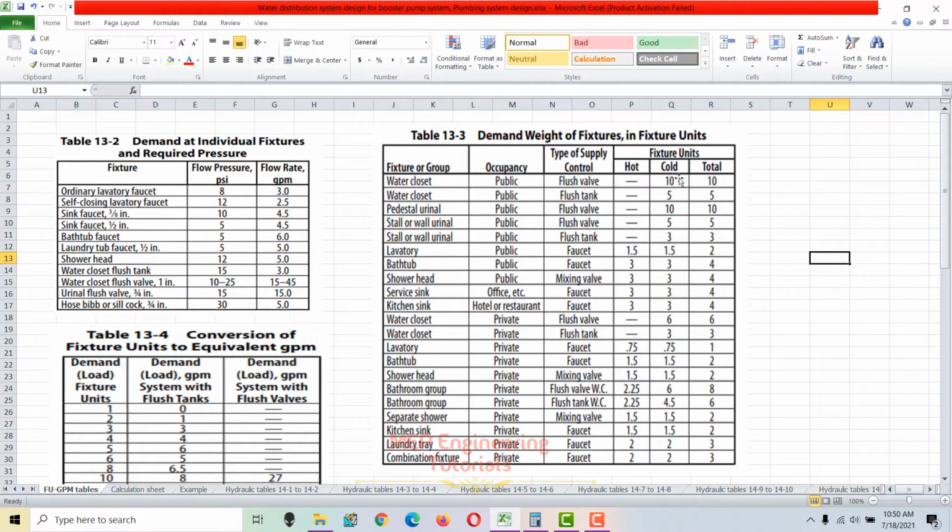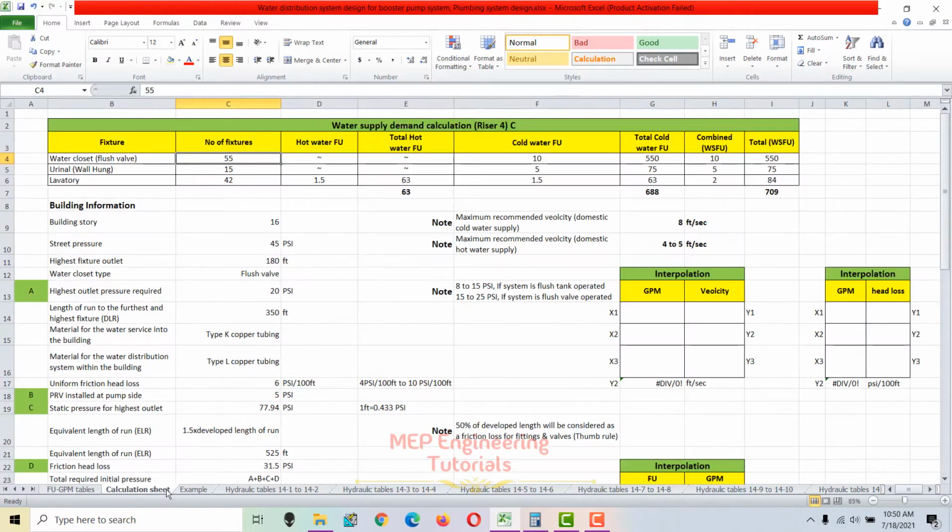So the fixture unit value is 10 in the case of a water closet with a flush valve, and the total fixture unit value is 10. So we write for cold water fixture unit a value of 10, and combined it's also 10. How will we get the total cold water fixture unit?